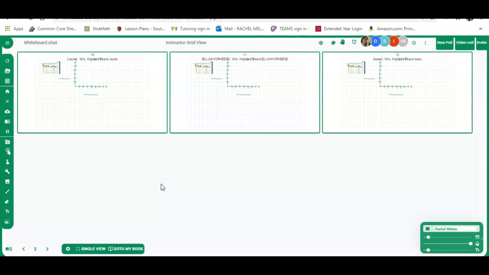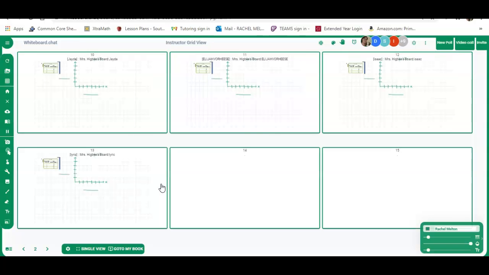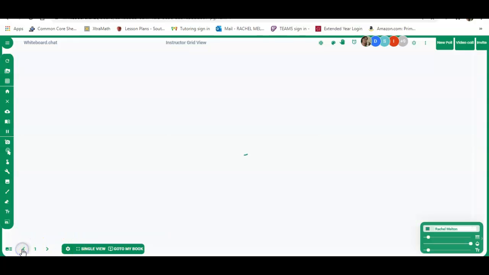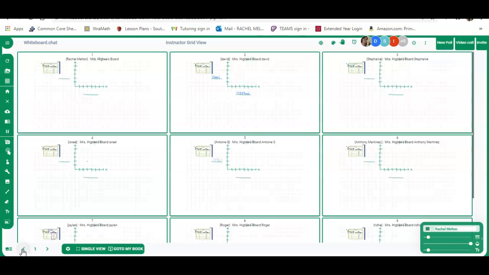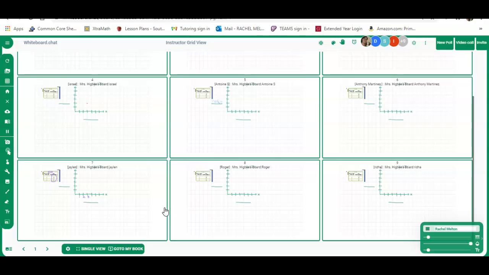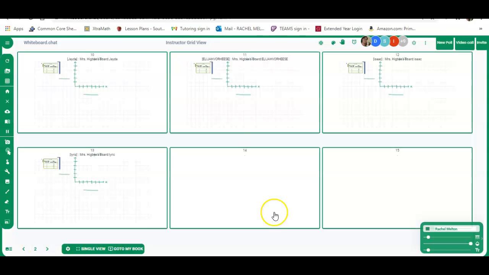Shulissa, I don't know if you're going to be able to do that from your phone. Yeah, it's not popping up in the chat. Okay. So I am waiting on Kamari, Brandon, Roger, Rakaya. Oh, Roger, you're in. Never mind. So that's Kamari, Brandon, Rakaya, waiting for you to log in with us onto the whiteboard.